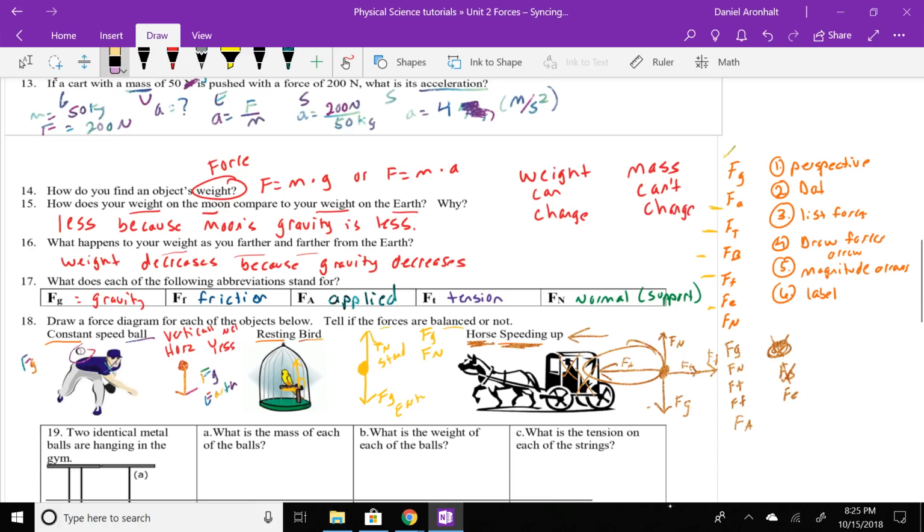There's not 2 S's in yes. For the bird, vertically, it's balanced. Horizontally, it's also balanced. And for the horse, vertically, it's balanced, yes, but horizontally, it is not balanced.